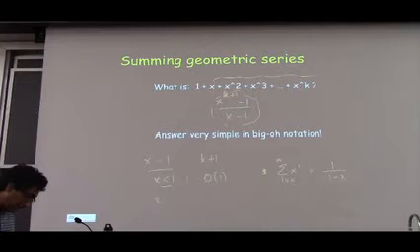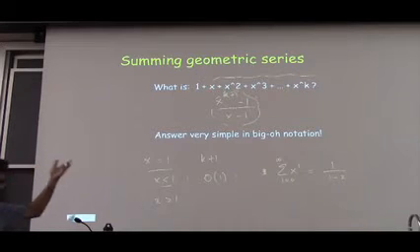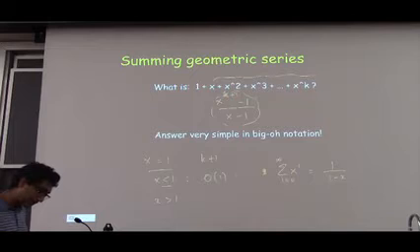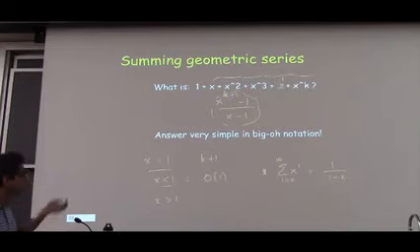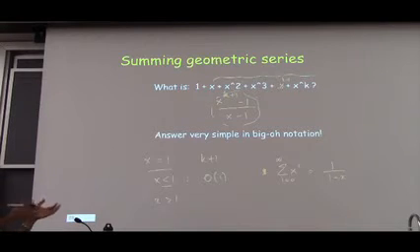And if x is bigger than 1, what happens? I claim that only the last term dominates. In this case, x to the k minus 1 will be smaller than x to the k, because x is bigger than 1. x to the k minus 2 is a factor smaller than that, and so on.